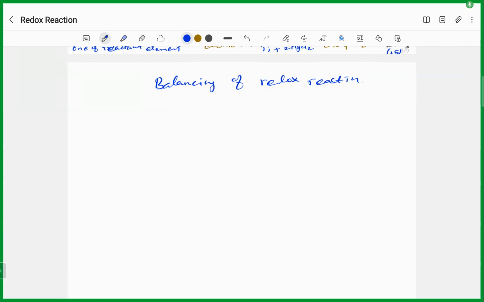Now therefore, P4, to balance the increase by the decrease in oxidation number, multiplying phosphine by 1 and H2PO2 minus by 3.